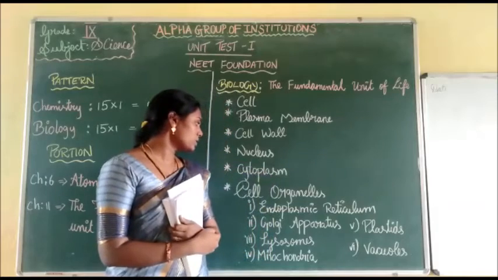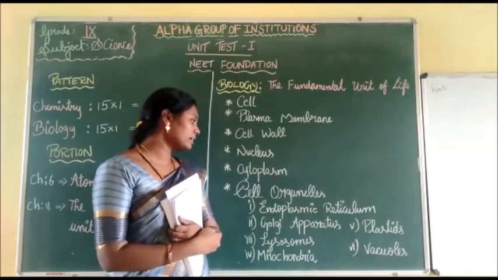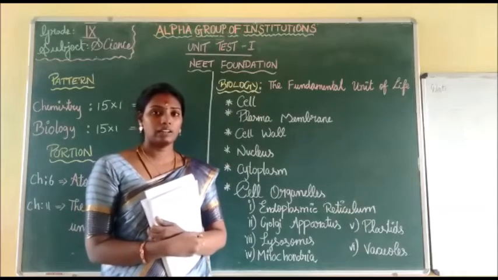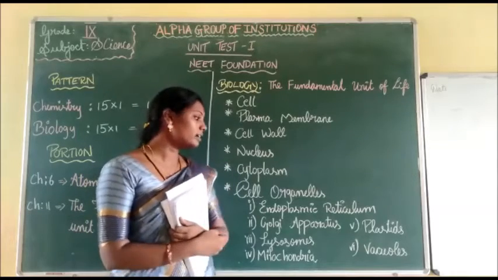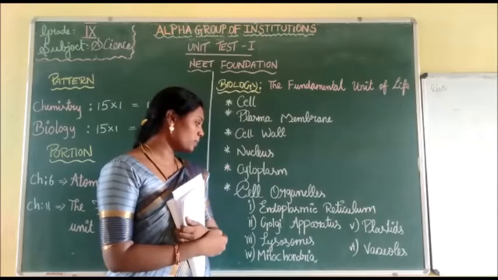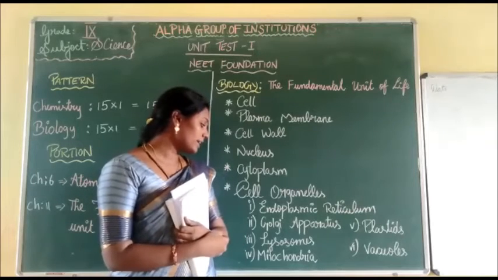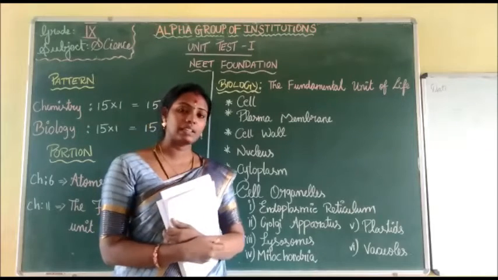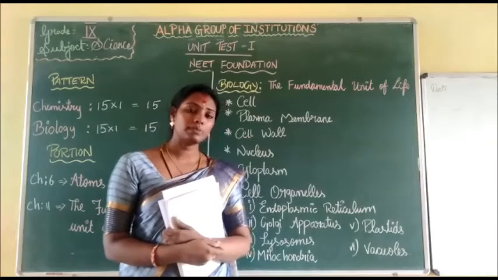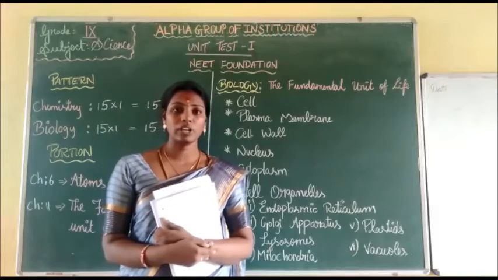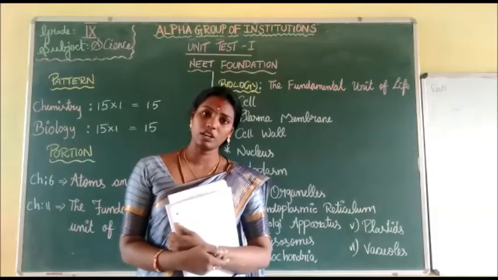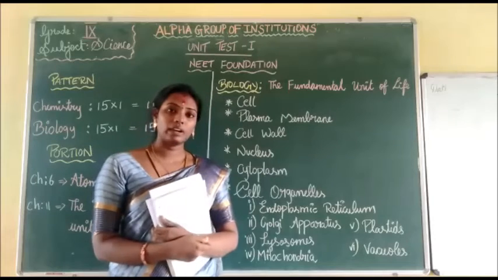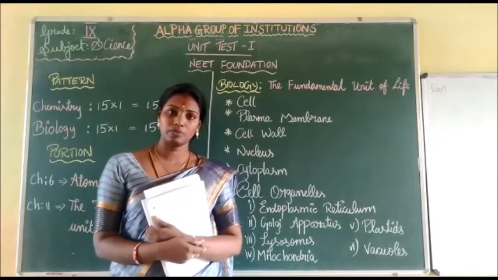The next one is cytoplasm, and then cell organelles: endoplasmic reticulum, Golgi apparatus, lysosomes, mitochondria, plastids and vacuoles. The endoplasmic reticulum is classified into two types, rough and smooth. Mitochondria is considered the powerhouse of the cell.